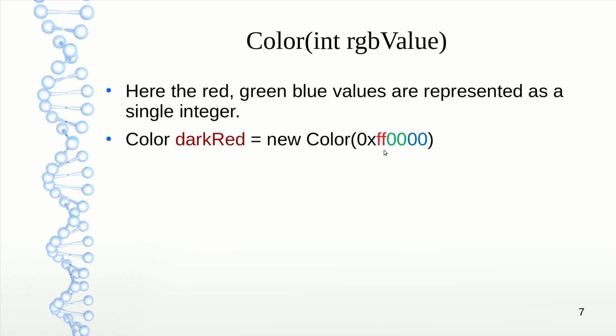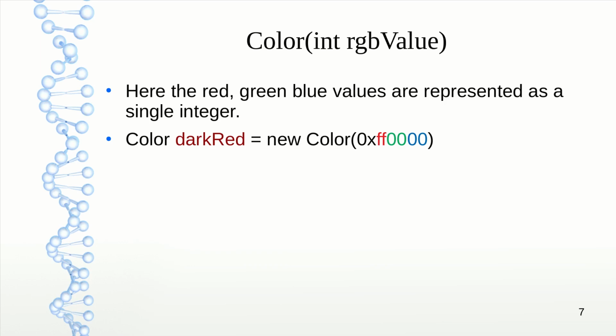We can see that we have passed three different bytes inside a single integer, and the least significant byte, that is the byte at the last position, actually represents the value of blue. The next significant byte gives the value of green, and the most significant byte gives the value of red. So this is in fact another way of representing the values of red, green and blue to produce a new color.